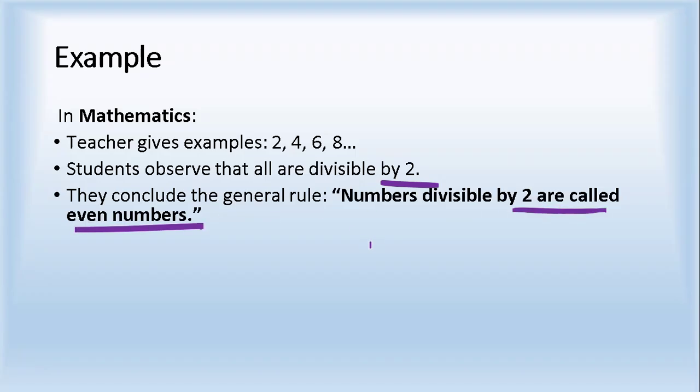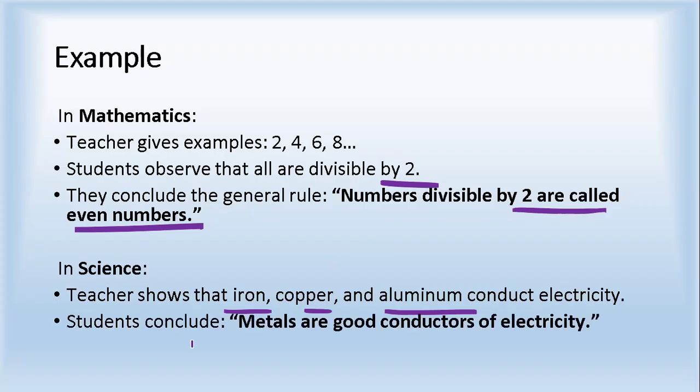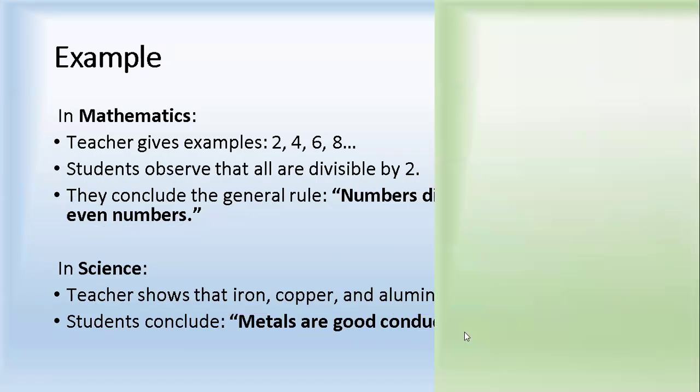This is the general rule for given number. Next, in science, teacher shows that iron, copper, aluminium conduct electricity. Students conclude metals are good conductors of electricity.